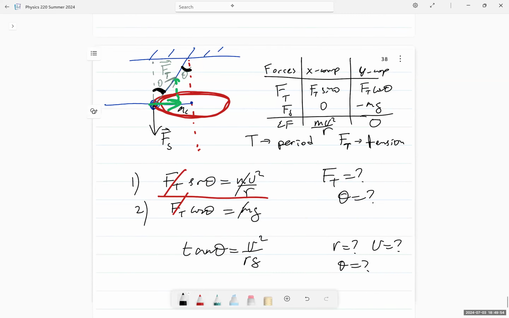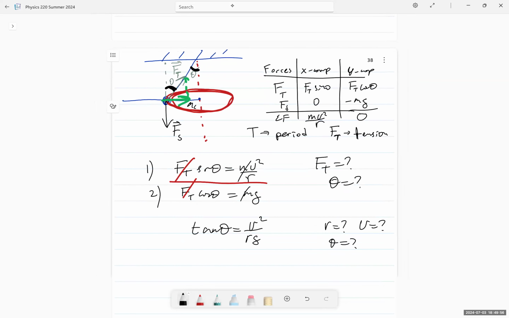Once you have equation 1, equation 2, and you simplify to, let's say, equation 3, you can solve for basically any of those quantities. Once I calculate some unknown from here, I can go back to equations 1 and 2 and solve for tension force. Equation 3 is tension independent. I don't need to know tension to solve for either radius or speed or theta.